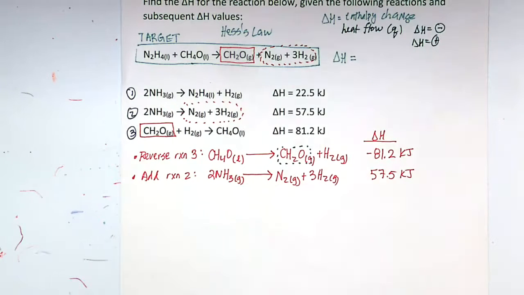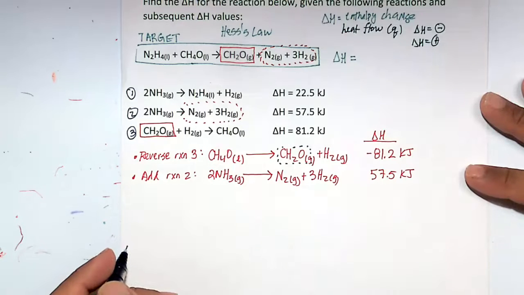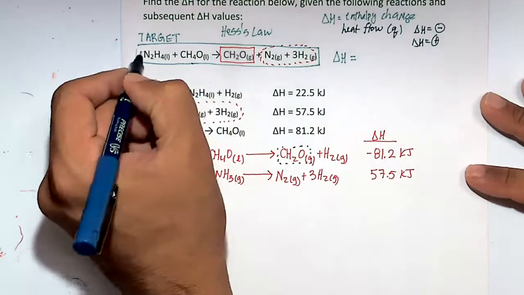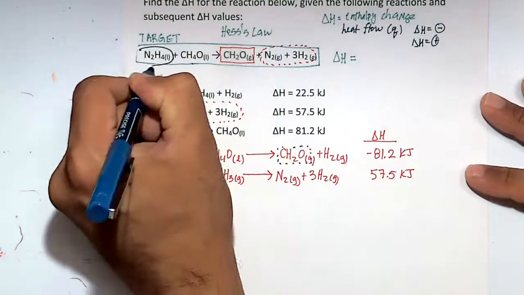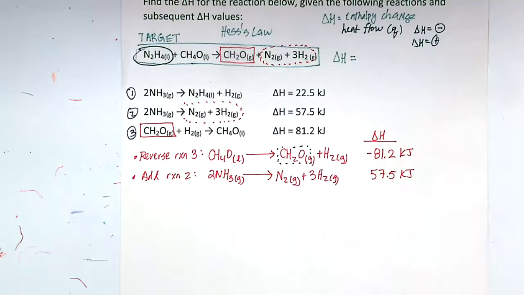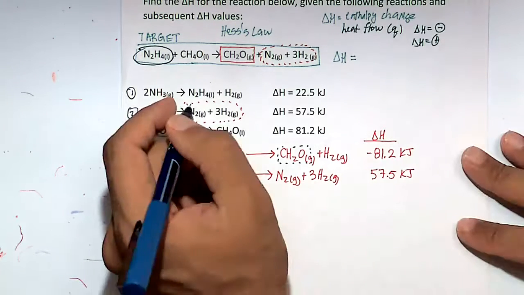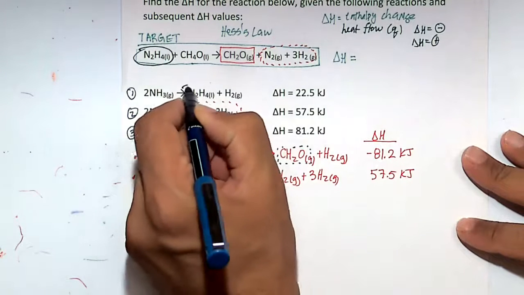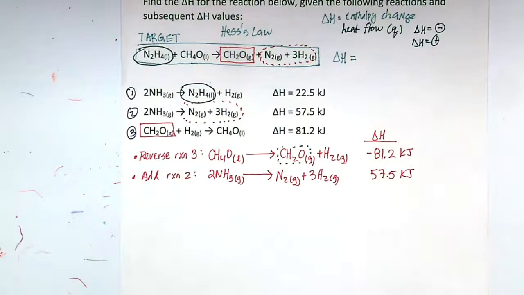All right. Now, let's look around here. You see the N2H4 liquid? That's on the reactant side of my target. So the N2H4 liquid is on the product side on reaction 1.